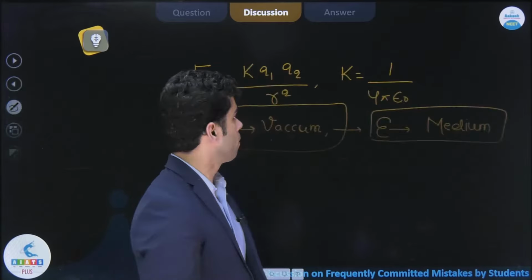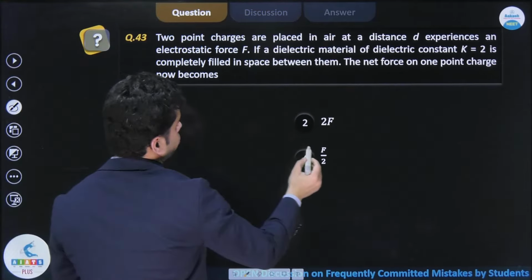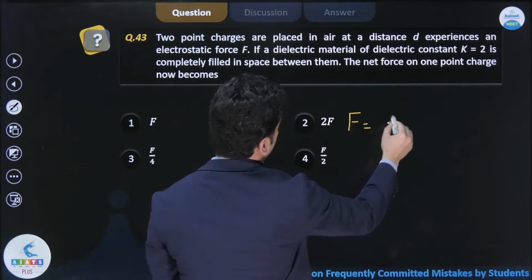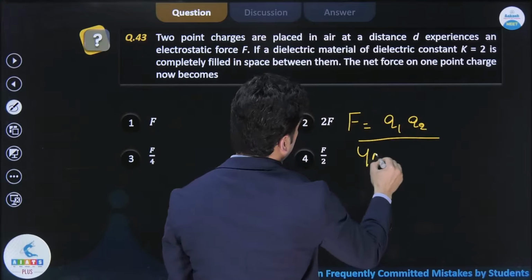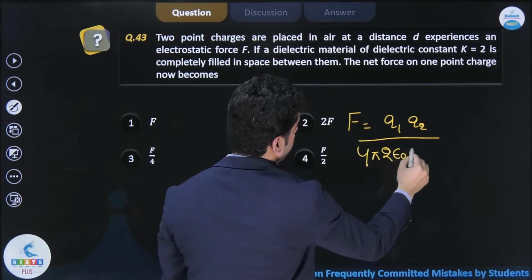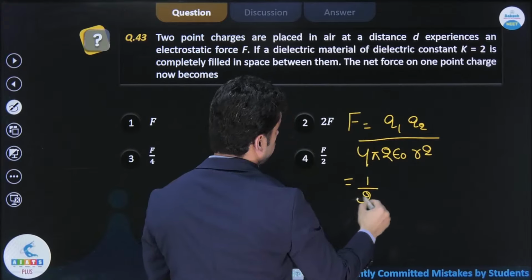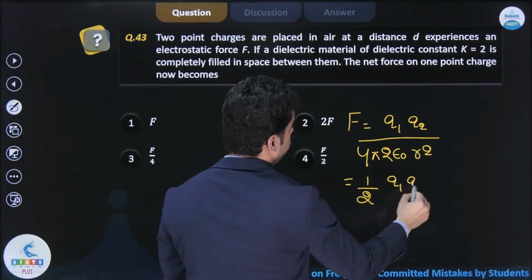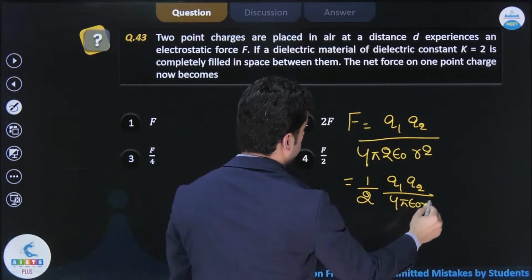Now you just have to put in the values. Force will be equal to Q1 Q2 upon 4 pi, 2 epsilon naught r square. So it will be equal to 1 upon 2 times Q1 Q2 over 4 pi epsilon naught r square. That is F by 2.